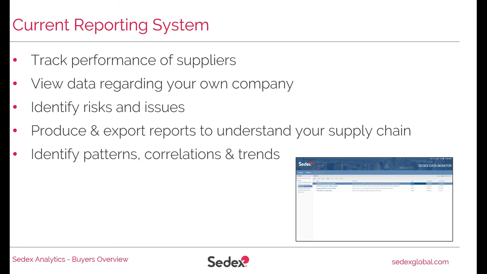If you have your own sites, if you are an organization that has its own sites, you can view your own company data. When we're talking about running reports and about the data, think about Sedex Advance. The information entered into Sedex Advance includes the self-assessment questionnaire and the answers to it.